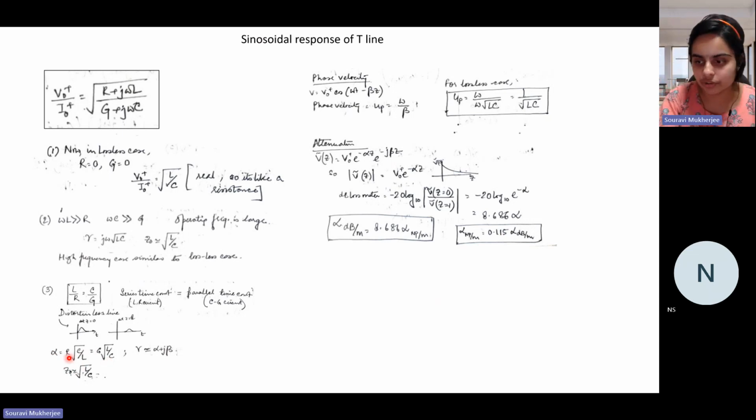So everything is provided to you, but you have to know how to use the relations. Okay. So this relation is there, R, and you also know Z naught, right? You have to find alpha.